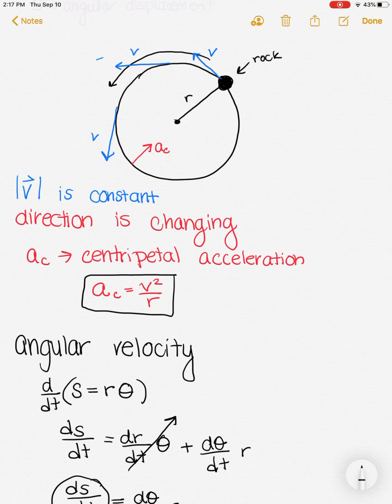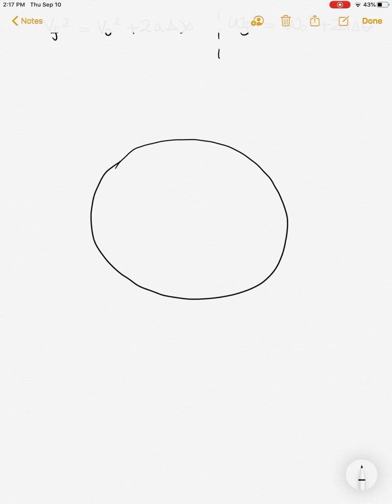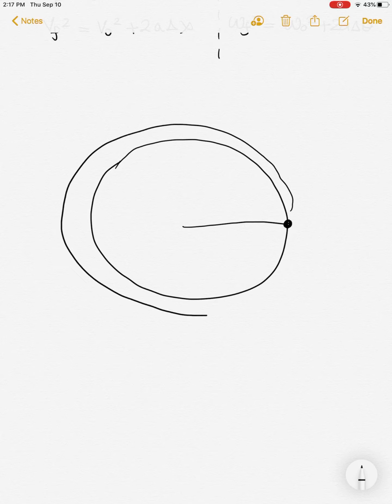Now, looking back to our change in centripetal velocity, which causes the centripetal acceleration. So let's just say this is my circle, and I start at this point here, and I'm rotating this dot through an entire rotation.